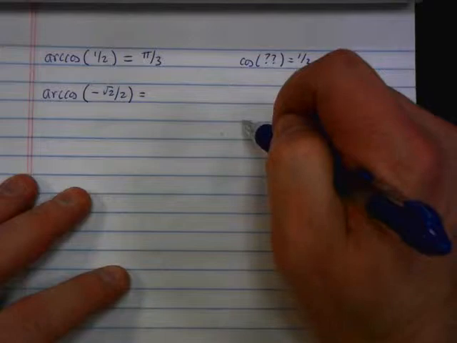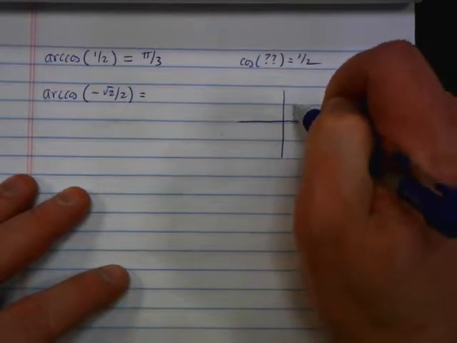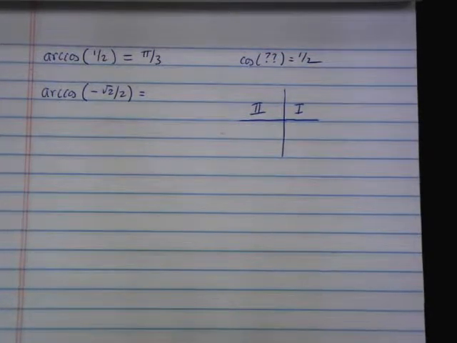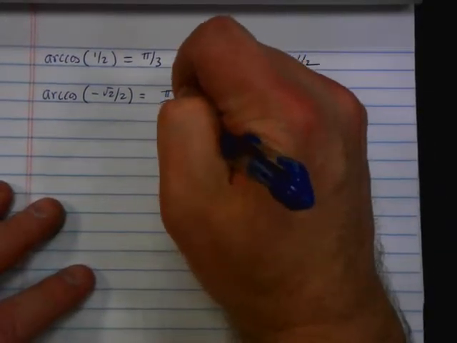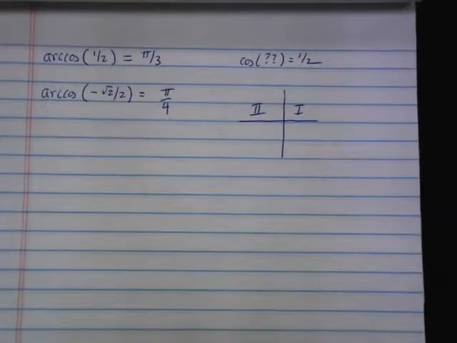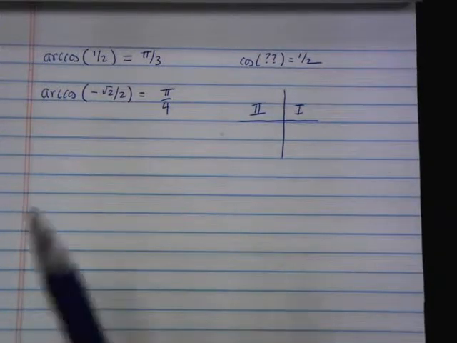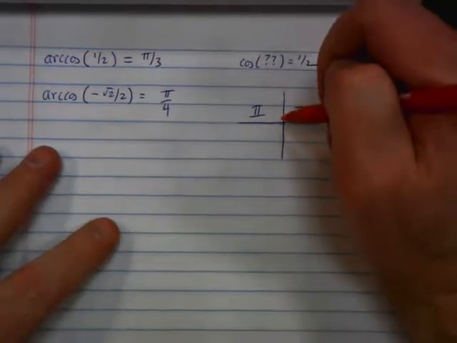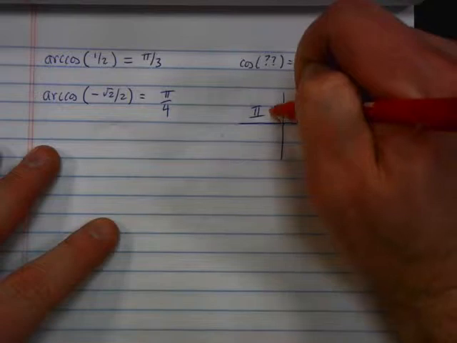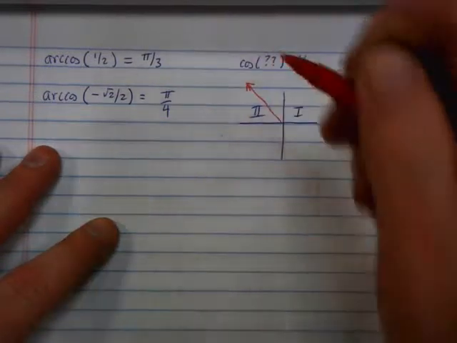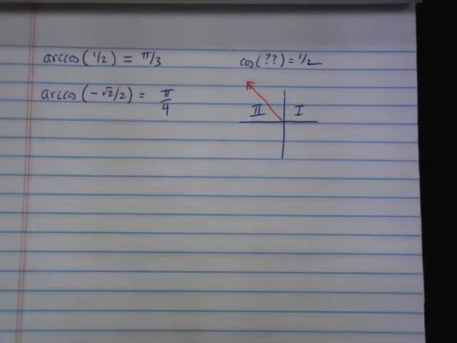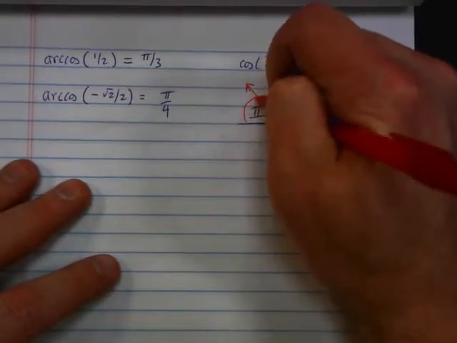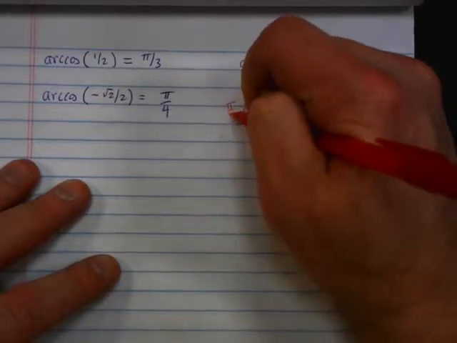So we're using angles in quadrant 1 and quadrant 2. I know the answer has to be something with a pi over 4, because I looked on that big table that I memorized, and I saw that the cosine of pi over 4 was square root of 2/2. So what I need is the angle in quadrant 2, which has pi over 4 as a reference angle, which means that this angle right here is pi over 4.